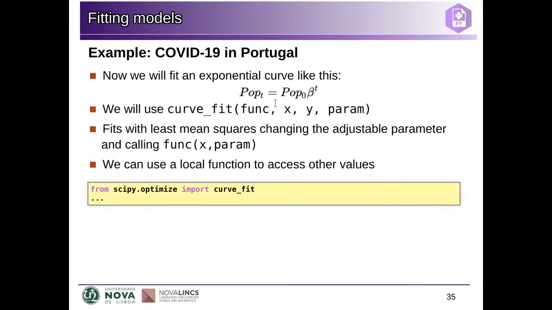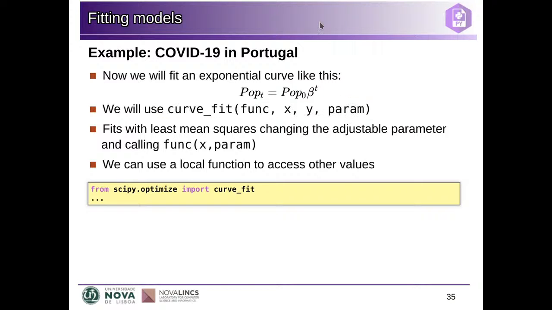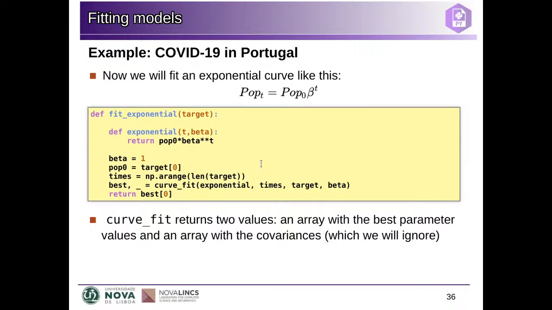Now, since we need also our function to access this population 0, and we don't have a way of adding this as an argument, because if we added this as an argument, it would fail when curve fit tried to call our function, we can use a local function. So this is something that you can do. We create this function to fit the exponential. We have this target value here.